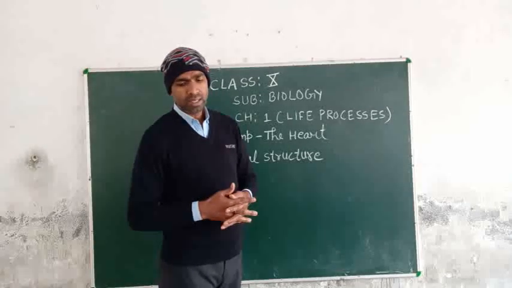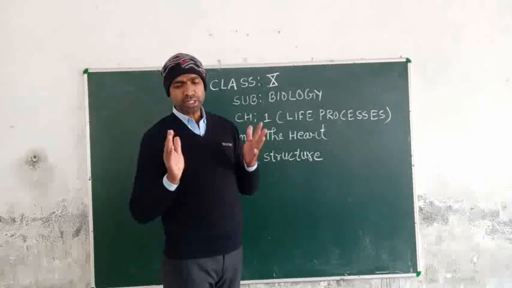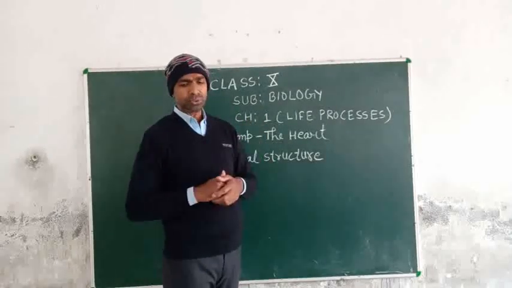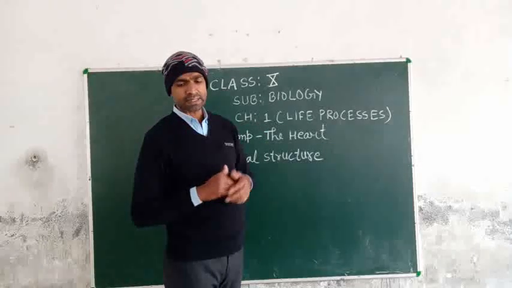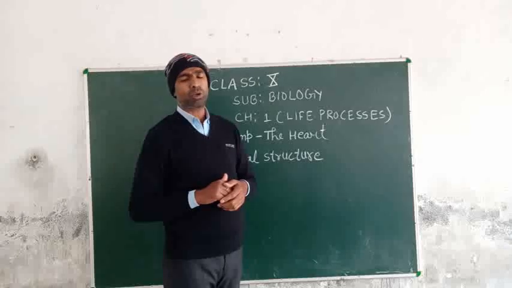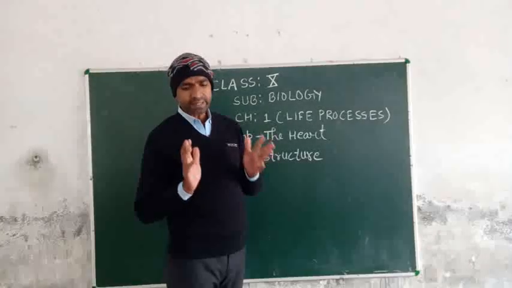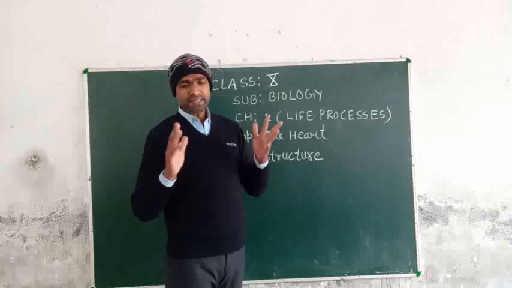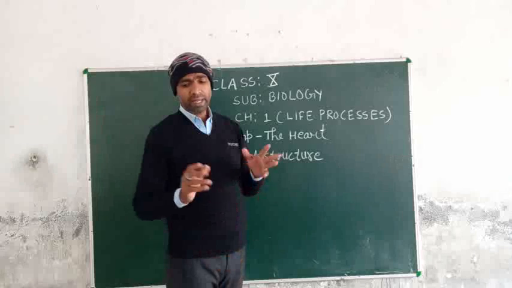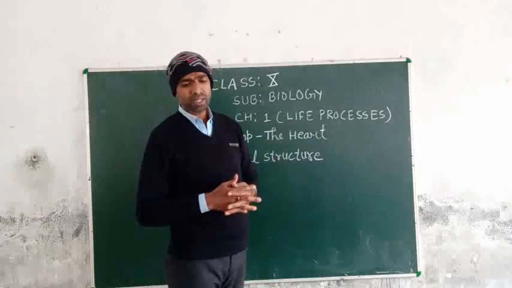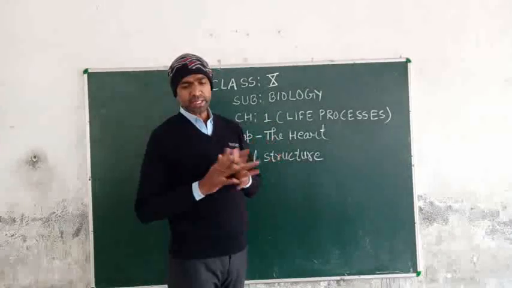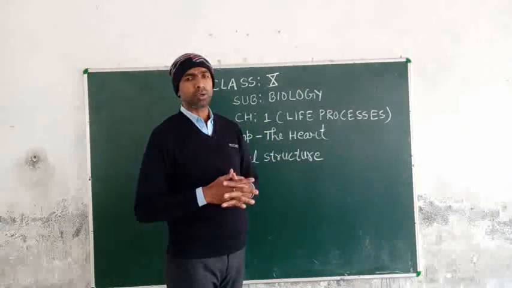The anterior vena cava brings deoxygenated blood, impure blood, from the head and upper part of the body. The posterior vena cava brings deoxygenated blood from the lower regions of the body.